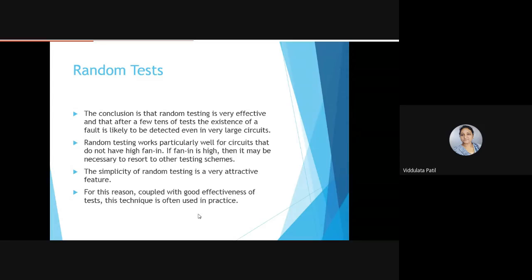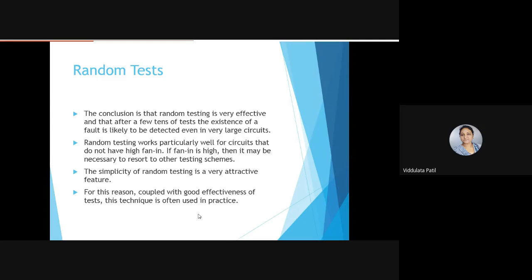So random testing works particularly well for circuits that do not have high fan-in. If there is high fan-in present, then it may be necessary to resort to another testing scheme. So that we need to consider.